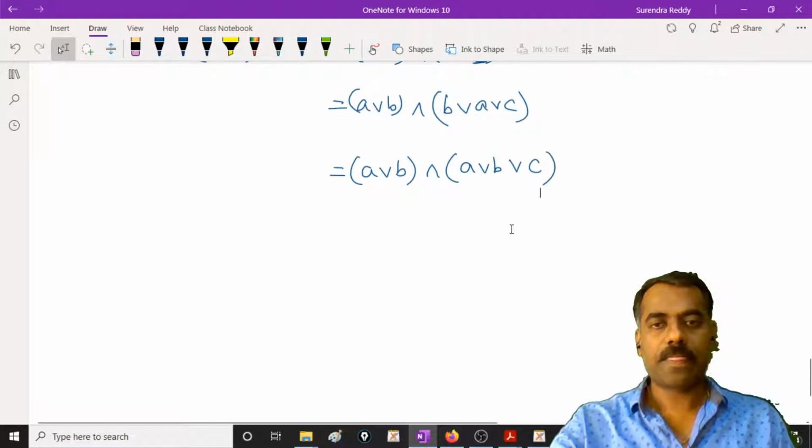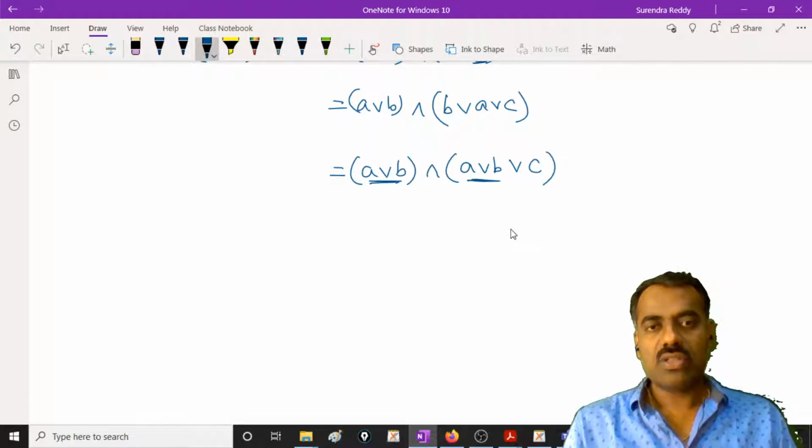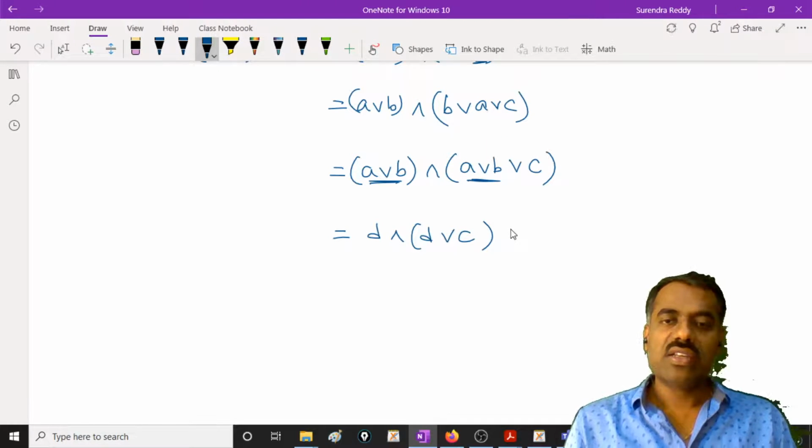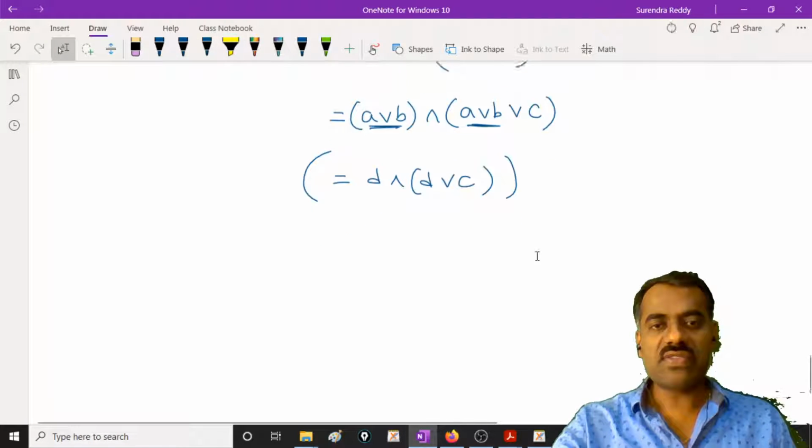This clear? Now this is like one element, and that same element you have here. Just call it, for example, D meet D join C, right? Just for understanding. If you assume like this, then what is this value?